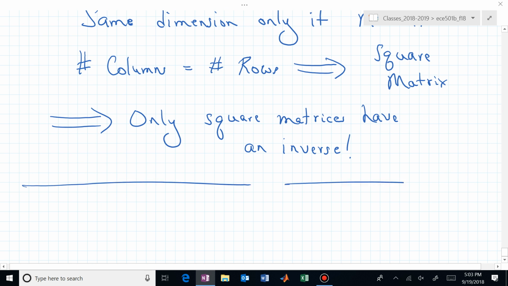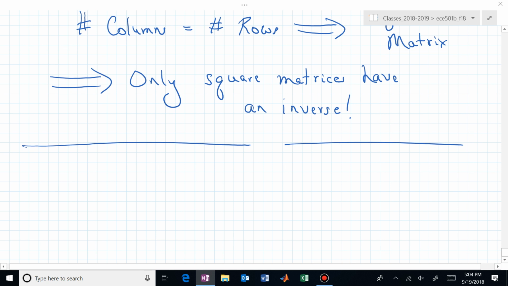And what does that mean? That means we have linear dependency among the rows and the columns of that square matrix. Question? So is the invertibility of the matrix equivalent to the invertibility of the linear map? So now the question was, are these the invertibility of the matrix representation? That will be consistent with the invertibility of the map. So if we have an invertible map, then the matrix representation of that linear map will be invertible.